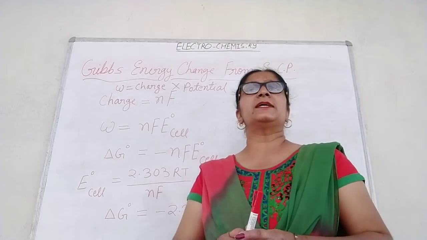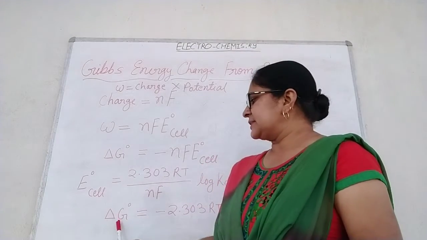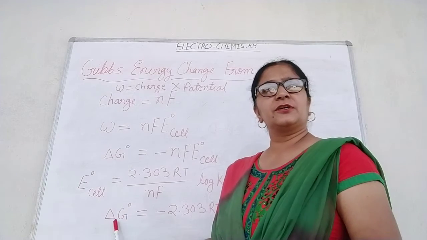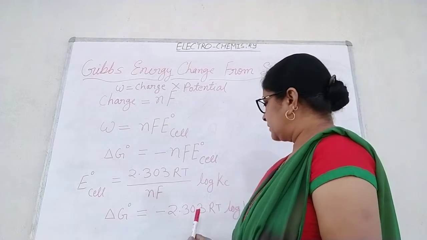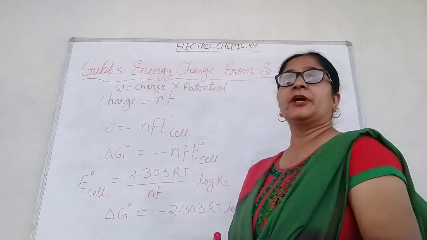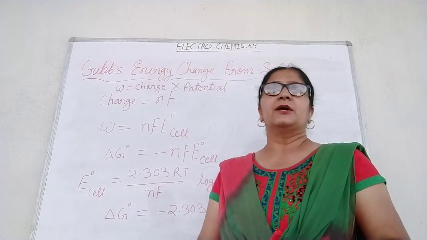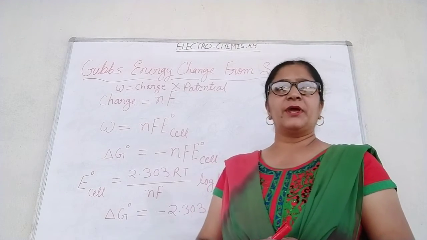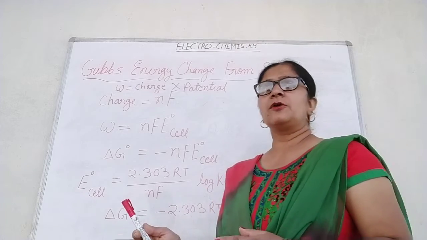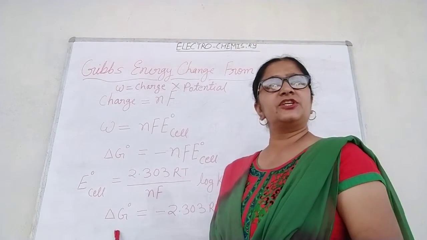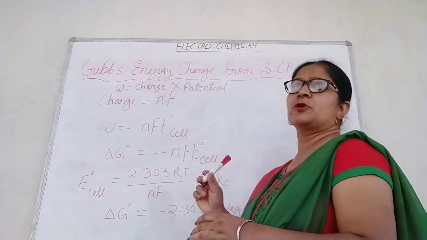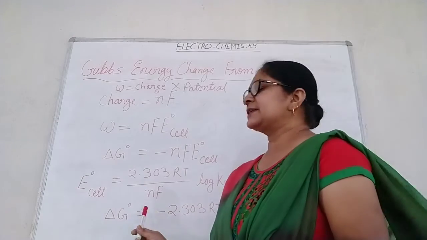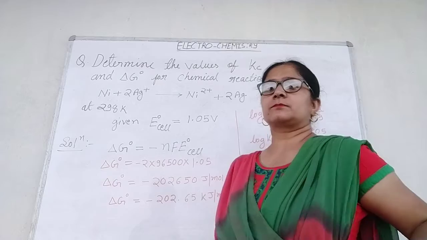So, here is the relation between standard Gibbs energy change and equilibrium constant, right? So, now let us see a numerical on calculation of standard Gibbs energy change and equilibrium constant from the standard cell potential, right?